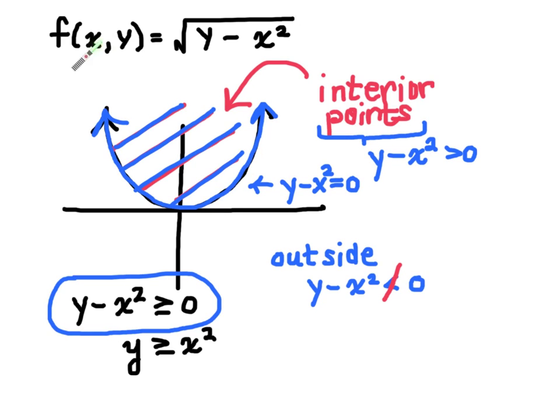So we can say that in this function, the points that are valid are the boundary of the parabola and the interior points, because the parabola itself consists of the boundary points.